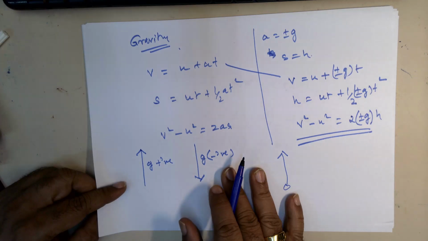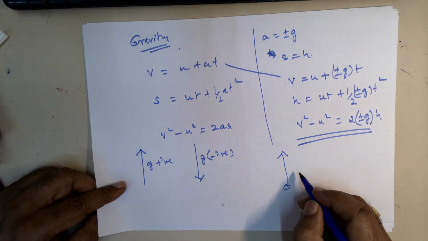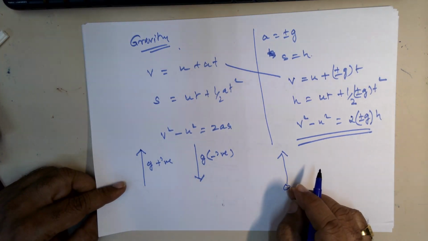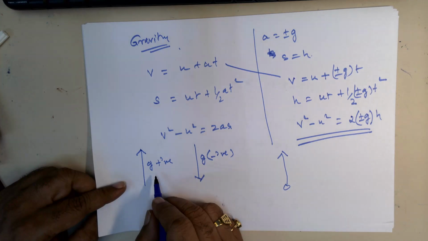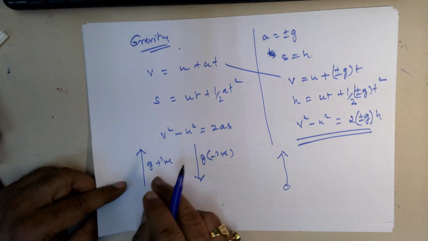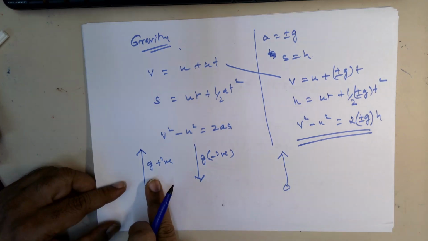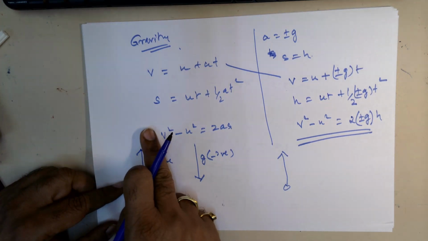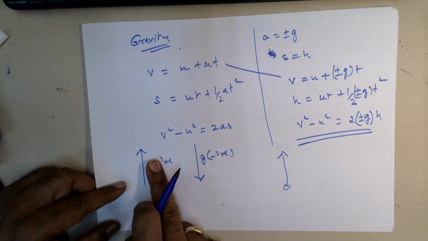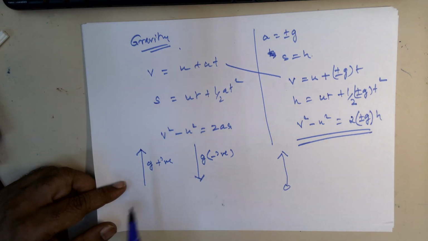So when you say that g is positive by going upward, listen to me carefully. By going upward, the gravitation force will be going on increasing to pull you downward. Do you understand this meaning?